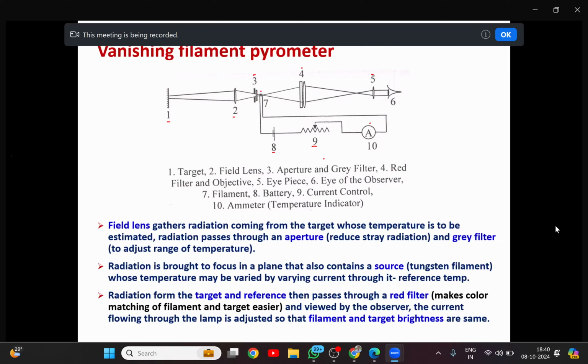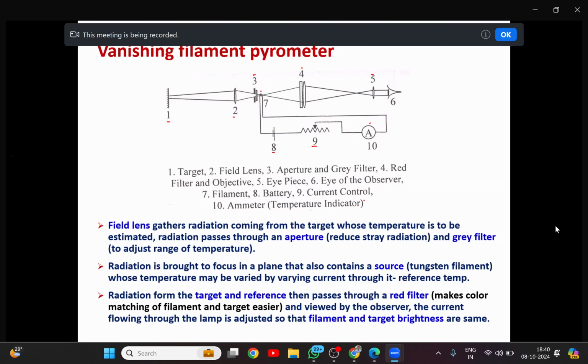And since you are observing the radiation that is coming from the surface, you are also observing the radiation coming from the filament. The radiation that is coming from the object forms the background, and the radiation coming from the filament forms the foreground.